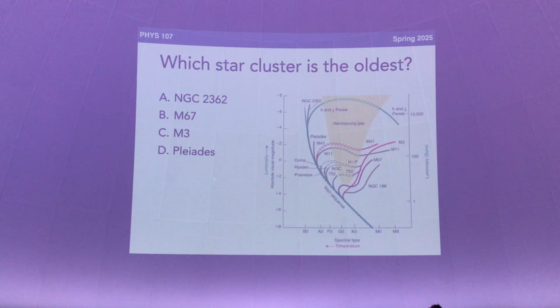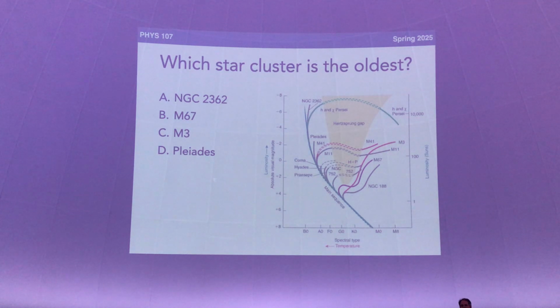which star cluster is the oldest? So remember that all the stars start on the main sequence, and as they age, they move off the main sequence. And so as a cluster, you have NGC 2362 over here, and 67 over here, the purple line, M3, here's M3, the red line, and the Pleiades, which is over here.